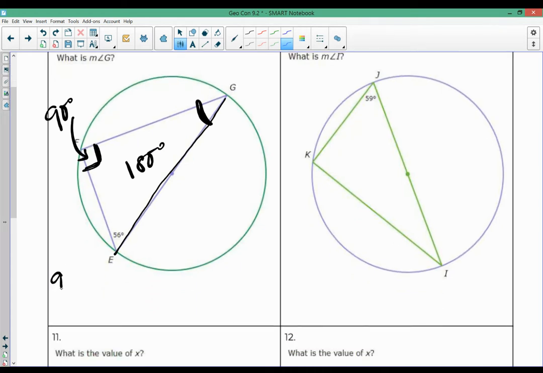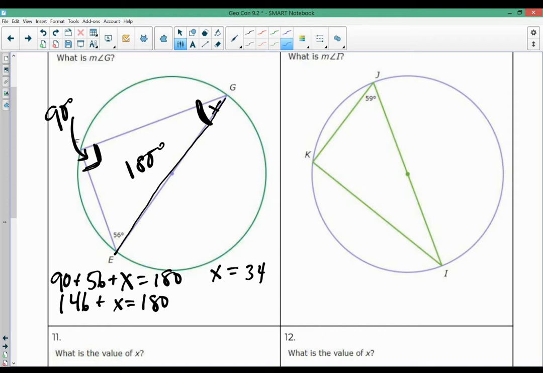So 90 plus 56 plus x equals 180. 90 plus 56 is 146. I subtract that from 180, that's 34. So the measure of angle G is 34 degrees.